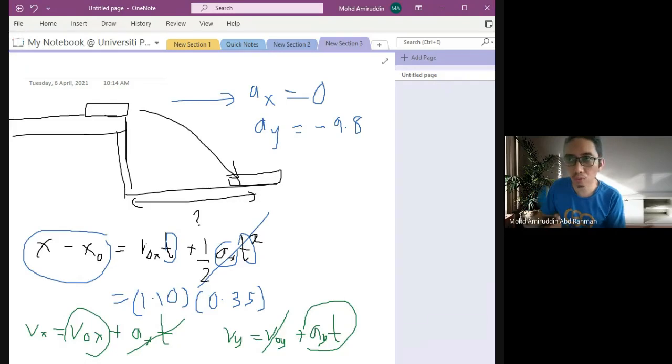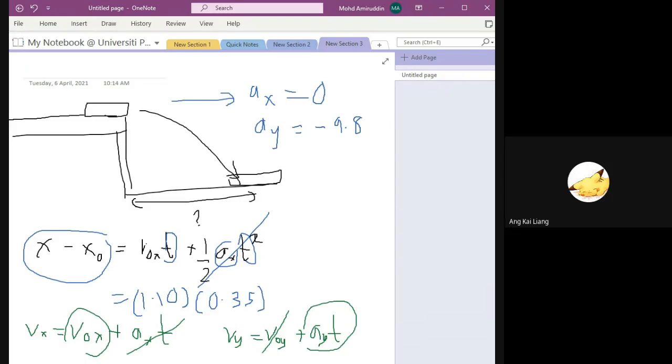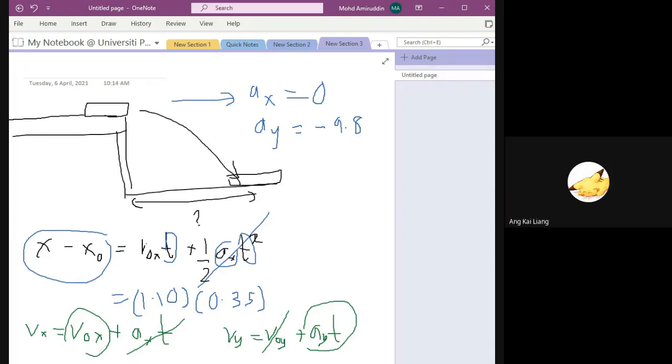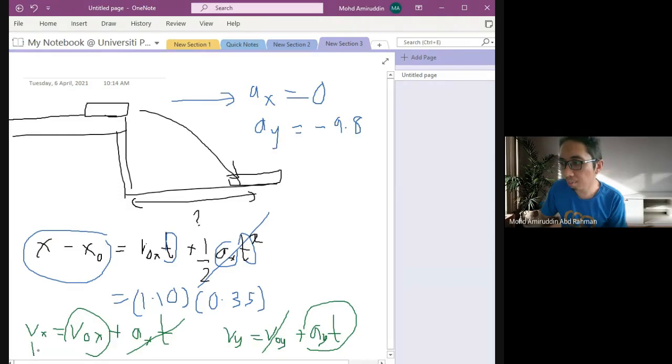Sorry, Doctor. What's the answer for Vx again? Vx is 1.1 meter per second.